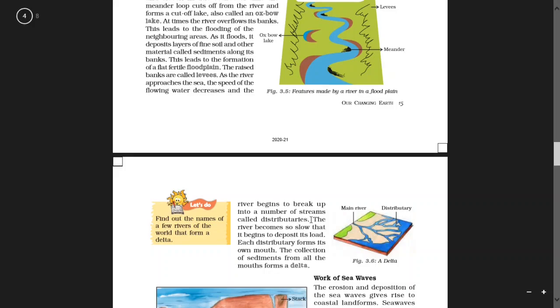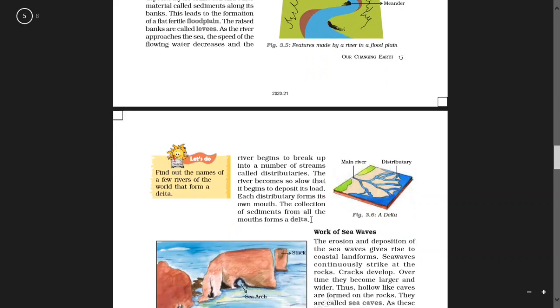Boys, the river starts from a higher elevation, from a mountain or any higher feature, reaches the plain, and then approaches the sea.